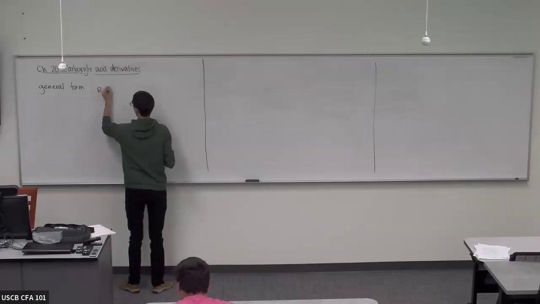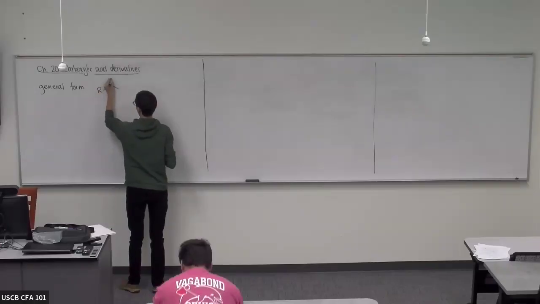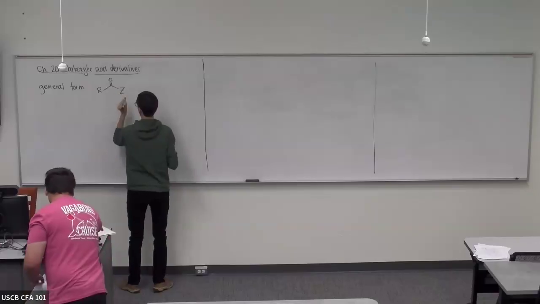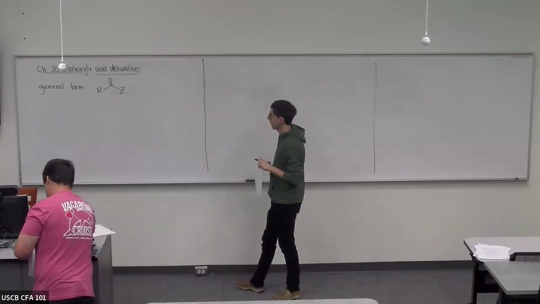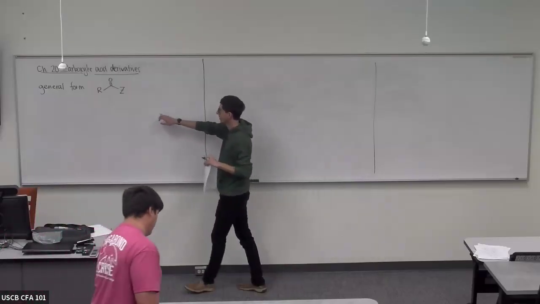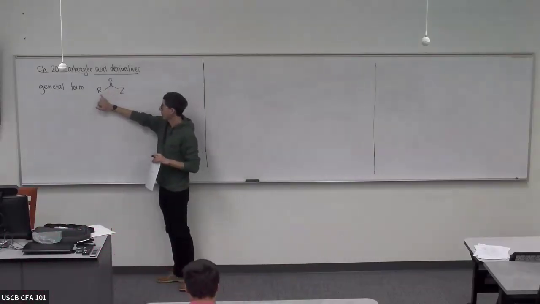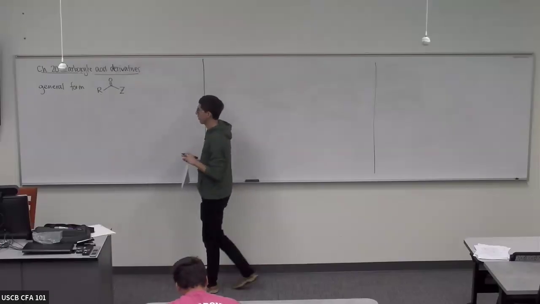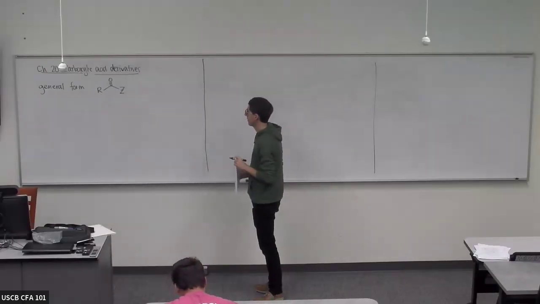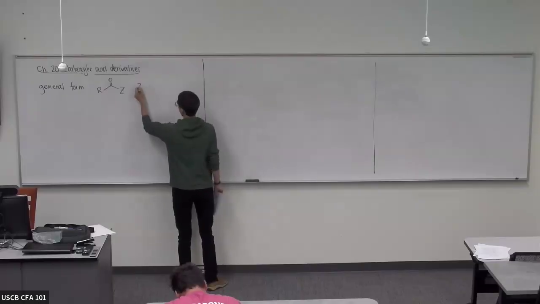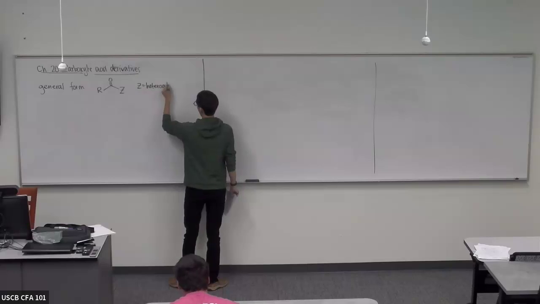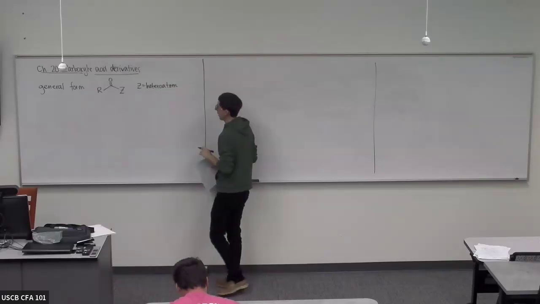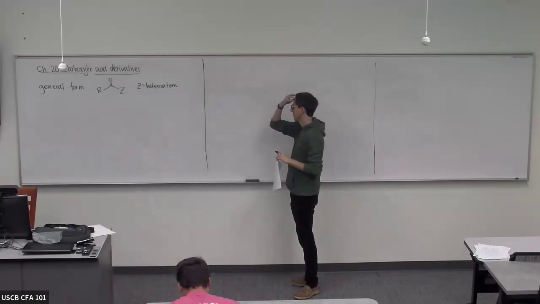is like that, where we still have our carbonyl, and R is a carbon chain of some sort, but in this case, Z is a heteroatom of some kind.